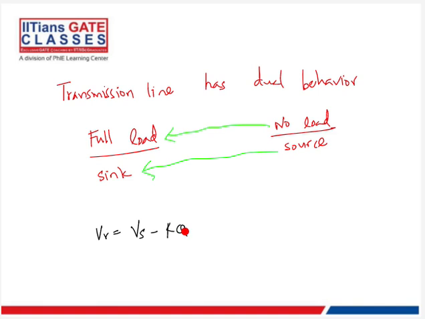Right. Predominantly the load at the load end is going to be reactive, and on top of that the transmission line effect also comes. So at almost all given times VR is going to be less than Vs. But the voltage should be maintained within the limits of plus or minus 5%, right?